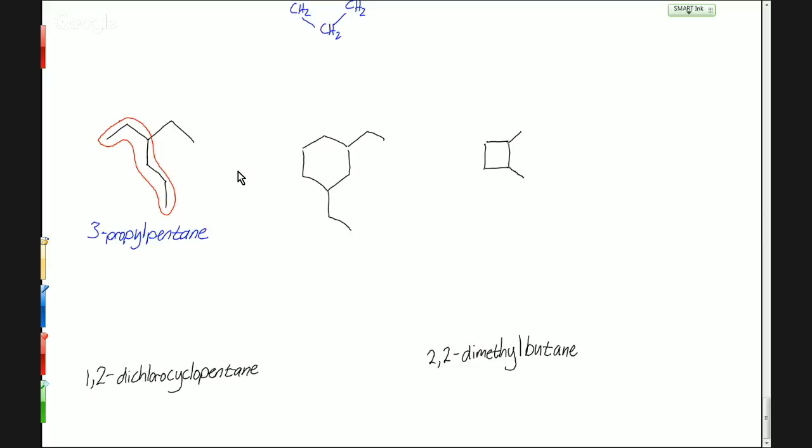And everybody does that. Remember that the rule is always the longest chain. So you've got to find the longest one, even if it takes a little bit of a weird path. So better than 3-propylpentane, this one should be 3-ethylhexane.